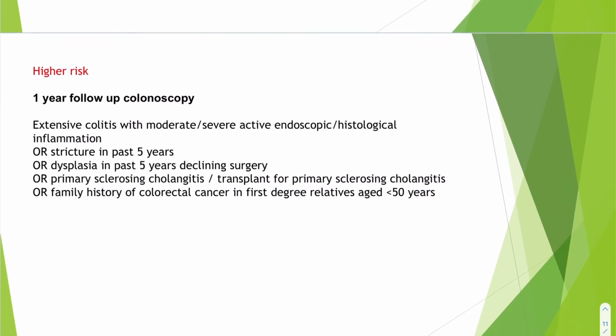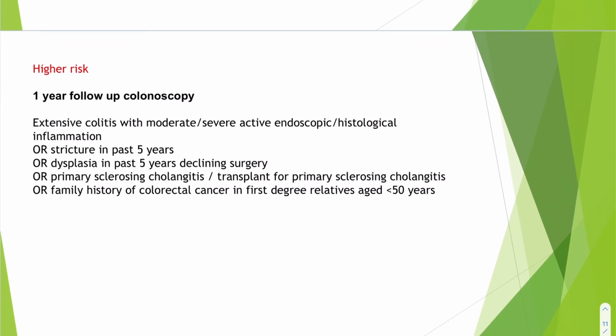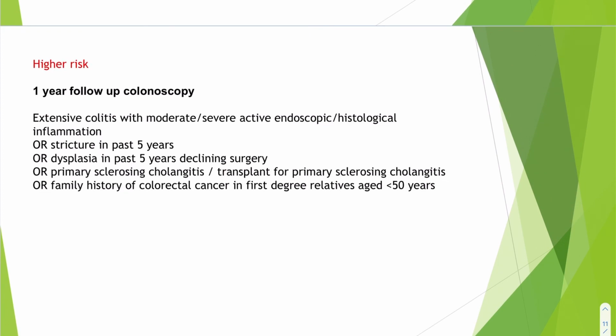What about the high risk? In high risk patients, we have to do a 1-year follow-up colonoscopy, and this group has extensive colitis with moderate or severe active endoscopic or histological inflammation, or strictures in the past 5 years, or dysplasia found on biopsy in the past 5 years where the patient declined surgery, or primary sclerosing cholangitis, or any transplant for primary sclerosing cholangitis, by transplant we mean liver transplant, or a family history of colorectal cancer in first-degree relatives, age less than 50 years.